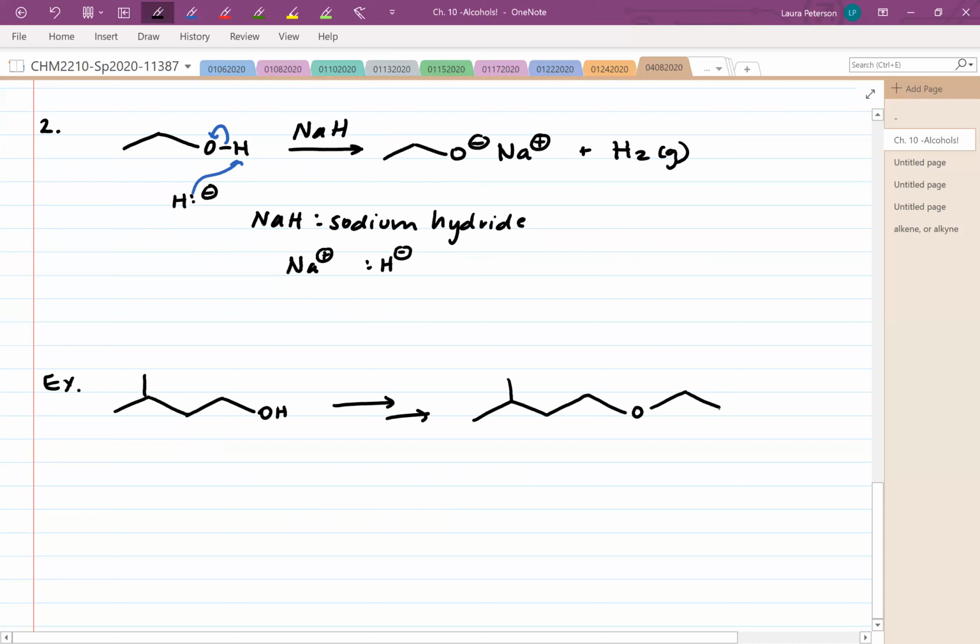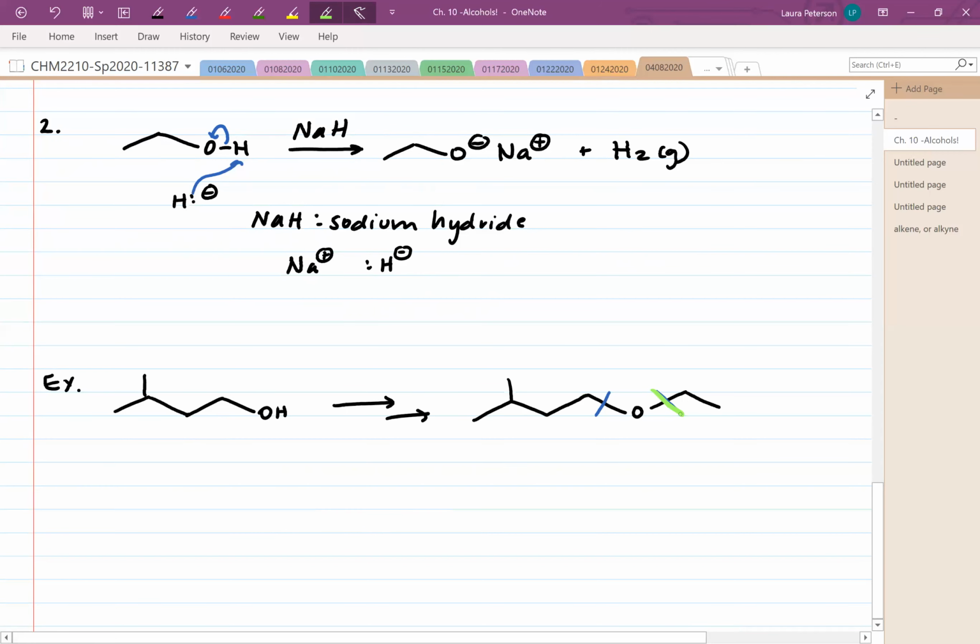If we assume this happens through Williamson ether synthesis, we could generate this oxygen-carbon bond or this oxygen-carbon bond through an SN2 reaction. Well, we already have the oxygen, that's attached to this carbon over here. So in my mind, it would make sense to make this oxygen-carbon bond through the SN2.